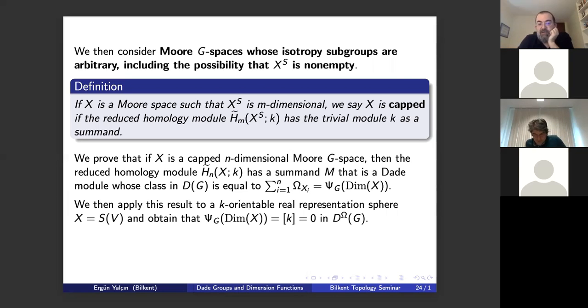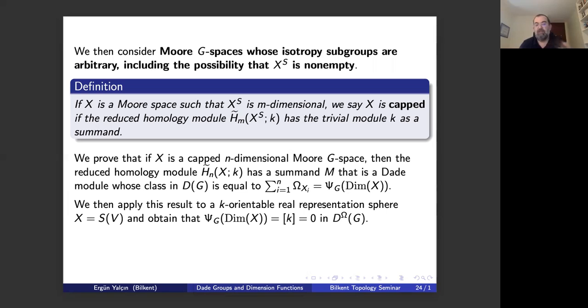So that means it's in the kernel. This is how you prove the main theorem, showing that for real representation spheres, their dimension functions under the Bouc homomorphism go to their homology. This is how you prove it.